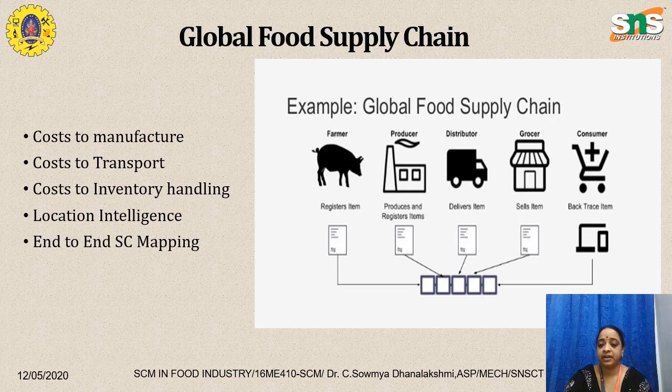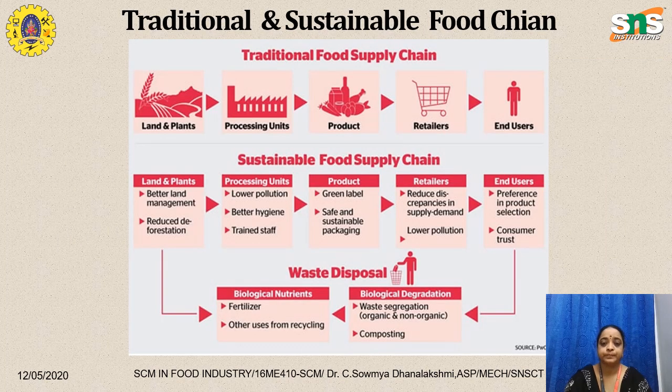The distributor hands over the food items to the grocery shops, which may be a small shop or a departmental store, and from there it goes into the hands of the consumer. Back-trace of items is also taken care of in the global food supply chain, which is not available in the traditional food supply chain.